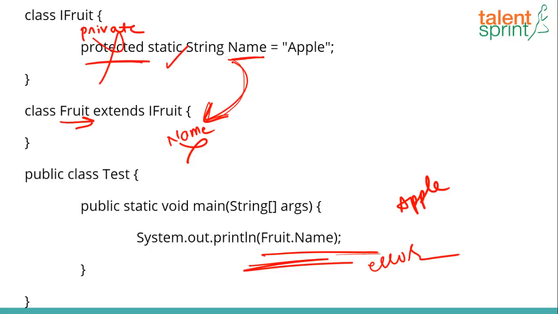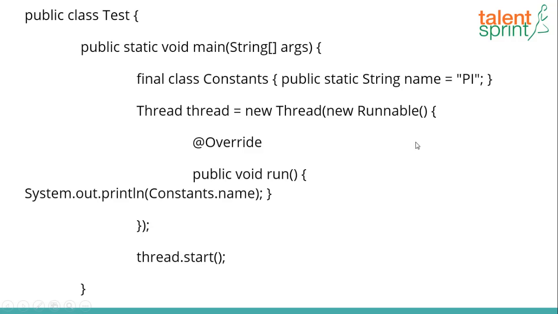In all other cases, whether you have protected, whether you have public, whether you don't explicitly mention anything, we will get the output apple. Alright? So I hope you understood this. Only in the case of private, if we explicitly mention that the member is private, only then we won't be able to access it in the fruit class, and it will give us an error. Jumping on to the next.